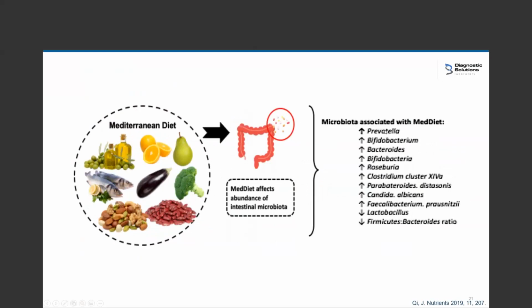Prevotella is known to increase with a plant-based diet. They also found an increase in Bifidobacterium, Clostridium, interestingly Candida, and Faecalibacterium, and a decrease in Lactobacillus and Firmicutes. Those are interesting finds.